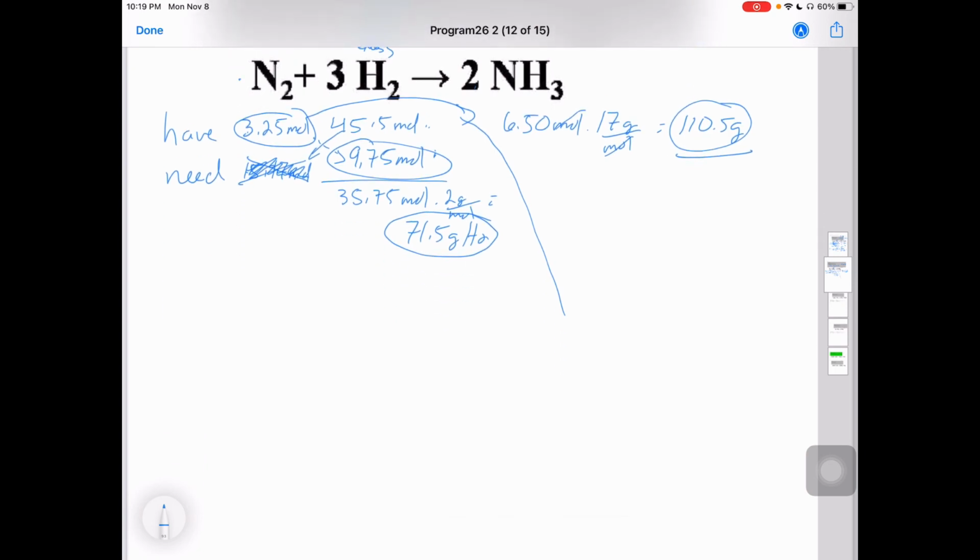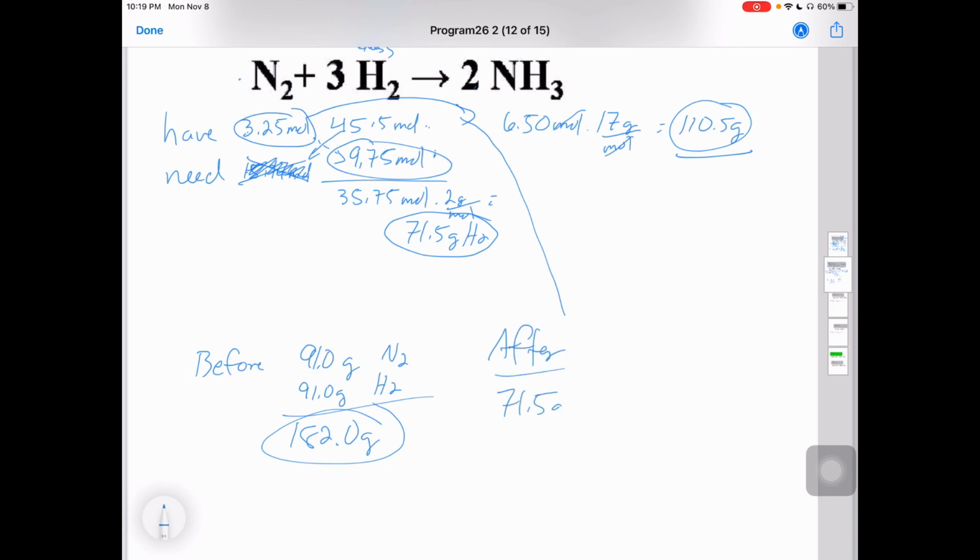Follow the conservation of mass. Before, I had 91 grams of nitrogen, 91 grams of hydrogen, for a total of 182 grams. After, I have 71.5 grams of hydrogen excess, and I only had one product, the 110.5, which is 182.0. Very simple math.